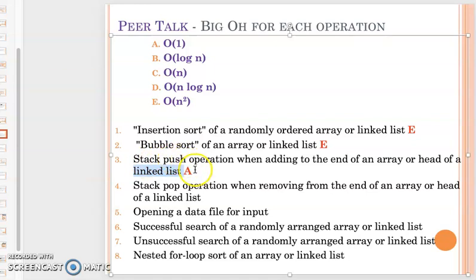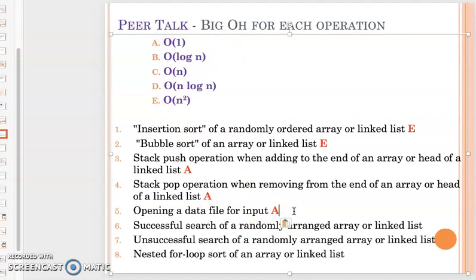Even the pop is the same thing; they are runtime 1. So the stack pop operation, the same thing, runtime is 1. How about opening a file for input? Right, the same thing, runtime is 1.